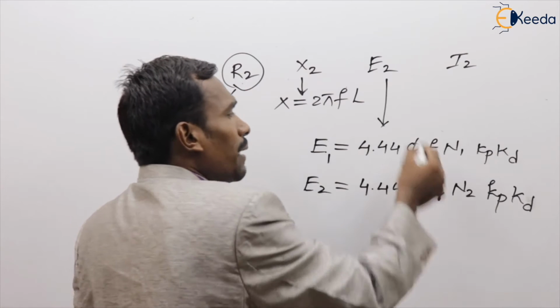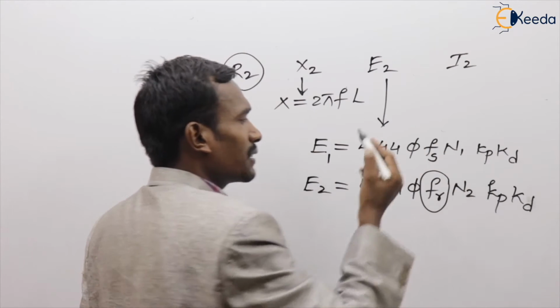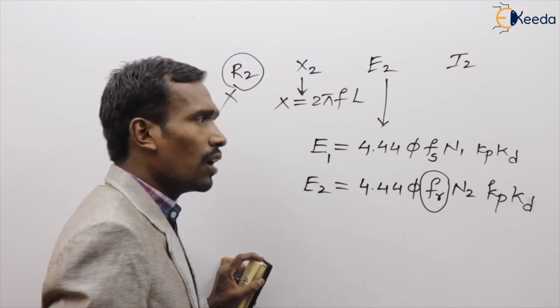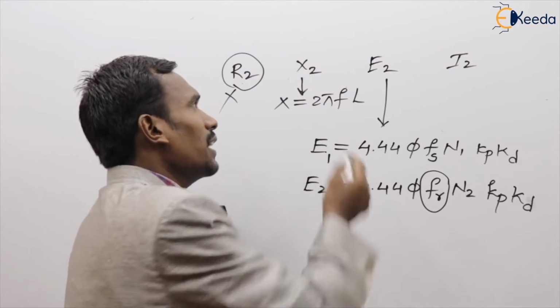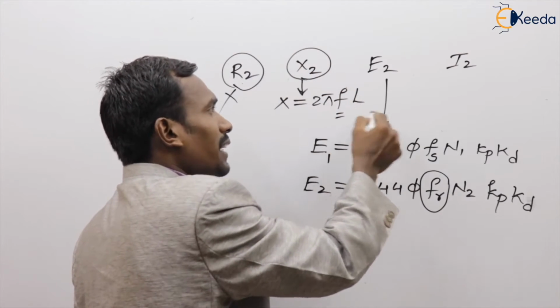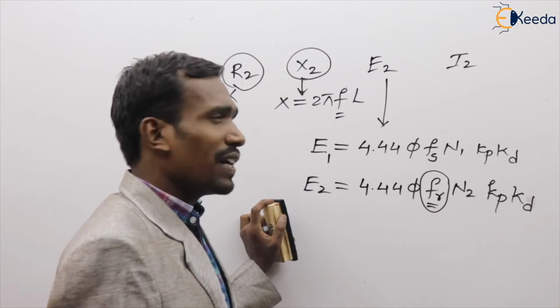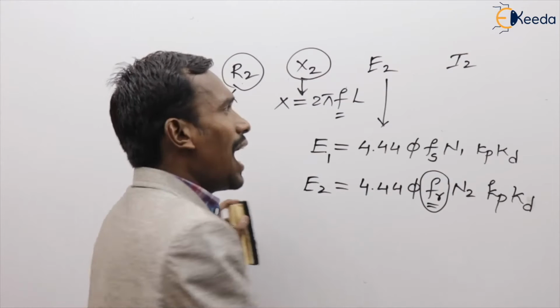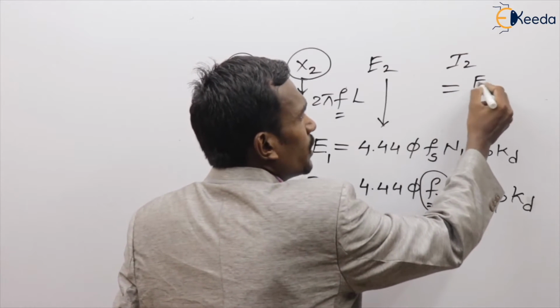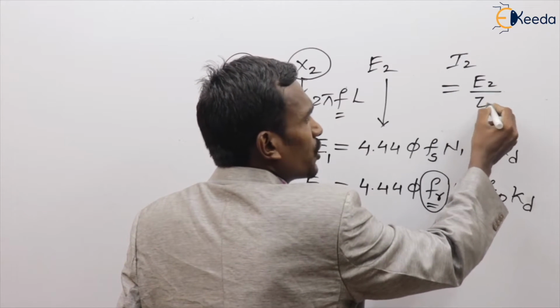So EMF also depends on frequency. The resistance is independent of frequency, reactance depends on frequency, and EMF also depends on rotor frequency. And current I2 is equal to E2 by Z2.